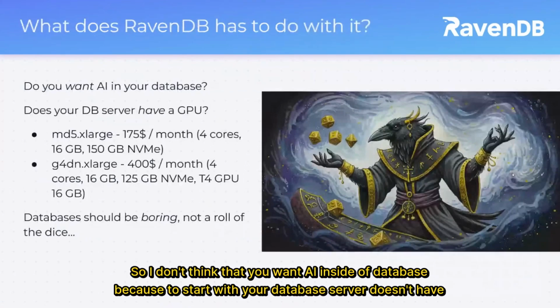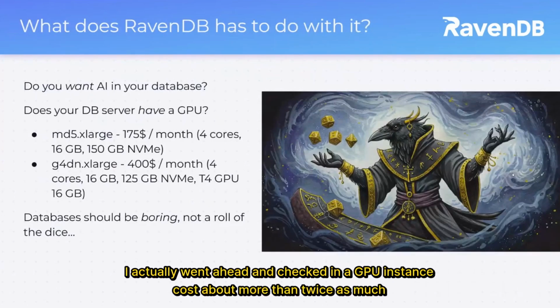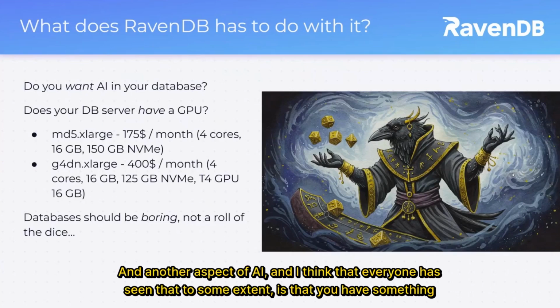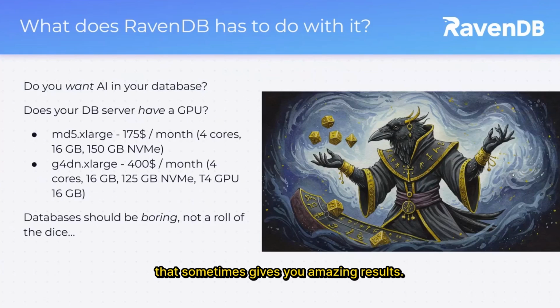I don't think that you want AI inside of a database because to start with, your database server doesn't have a GPU. And I actually went ahead and checked, and a GPU instance costs more than twice as much as a non-GPU instance. Another aspect of AI, which I think everyone has seen to some extent, is that you have something that sometimes gives you amazing results, and sometimes it hallucinates everything.